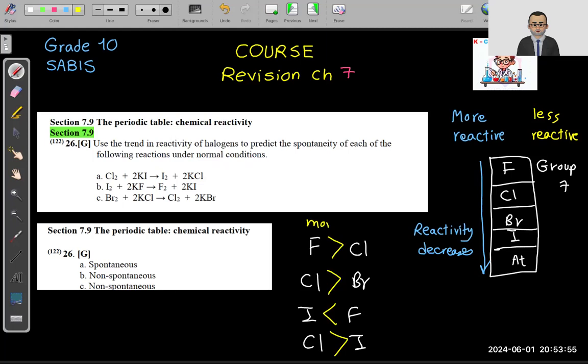So let's see which one is more reactive than the other one, fluorine. And what happens in the reaction? Well, let's see the first one. There is always one sitting in its compound and one trying to kick it out. So again, which one kicks which from its compound? Let's try to make it in the form of a question. So what displaces? Instead of kicking out, the exam will say displaces, so takes its place.